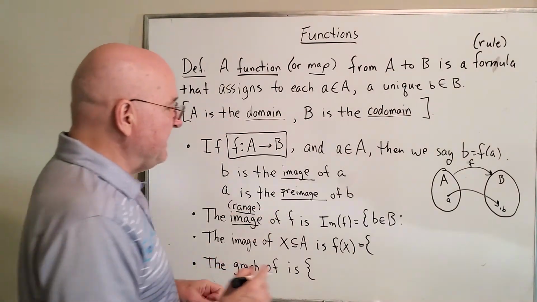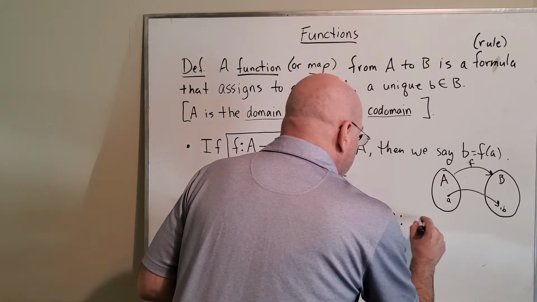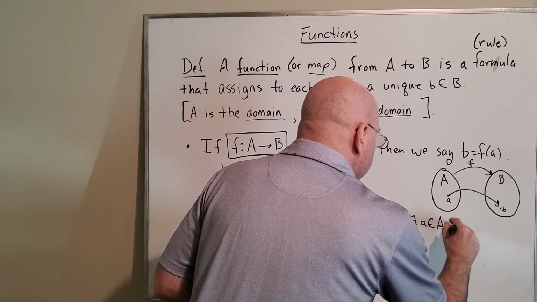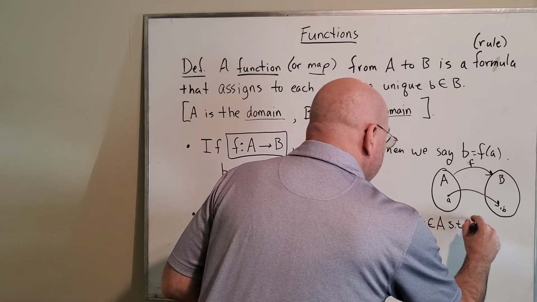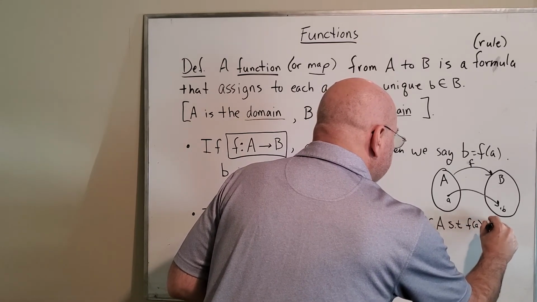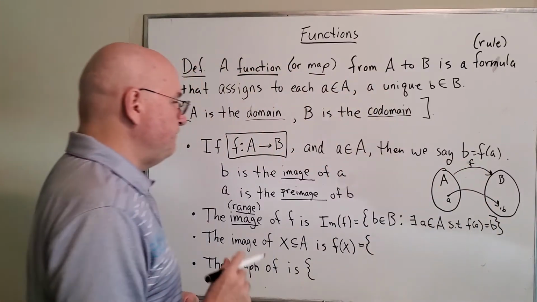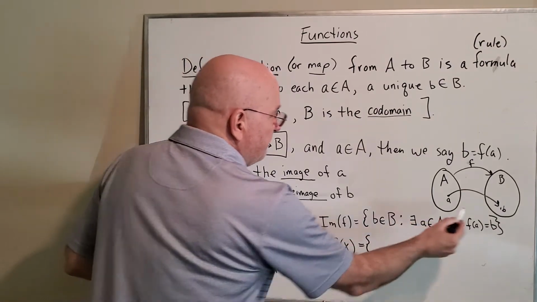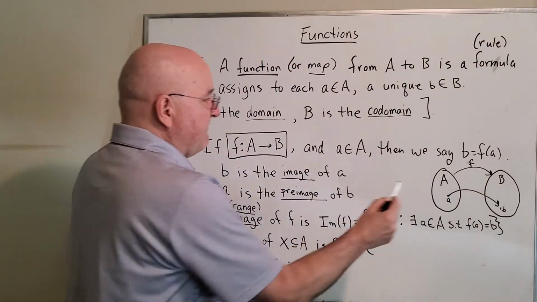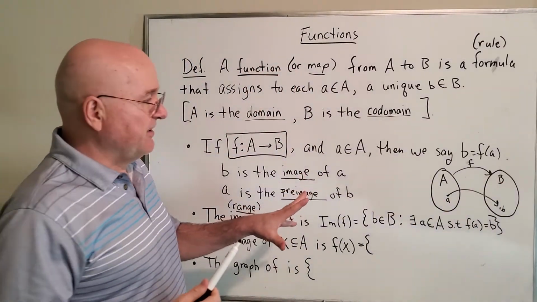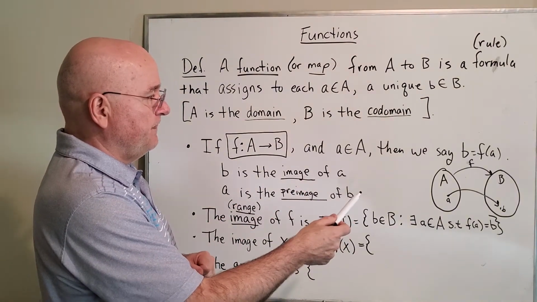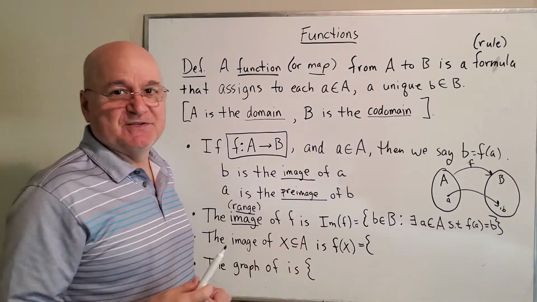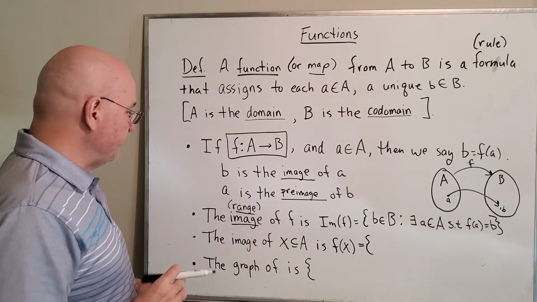So I'm going to say it's a set of all b's such that, the colon is such that, there exists an a in A such that f of a equals little b. I use some terminology I think we're all familiar with. Okay, so it's all of the b's over here that have an a that gets mapped to them. Because it's not necessary for a function to map A into B that every single b has something mapping to it. There could be some left alone that don't get mapped to. We'll discuss that more later.